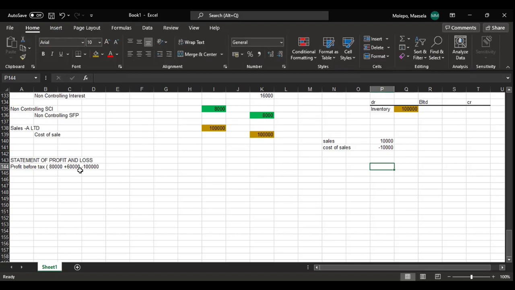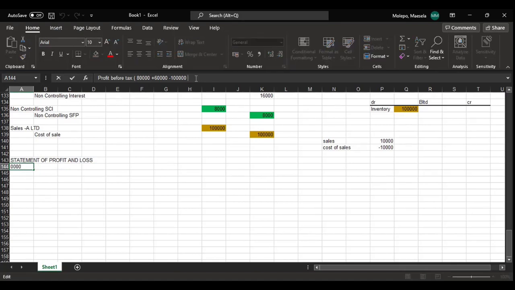So sales, which is normally added, we minus here for elimination purposes. The cost of sale is normally subtracted, but now we are going to add it. Are we fine there?